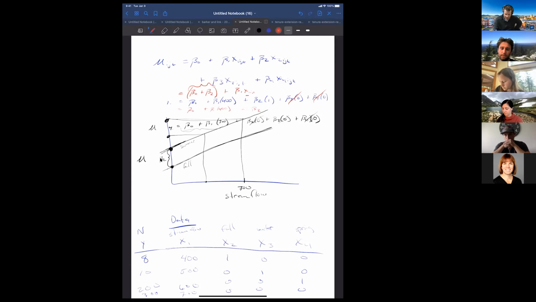Now, the next step we're talking about today is how do we make it so in each group, these slopes aren't the same? And the way we do that is allow our beta 1, see here, and here, and here, to be different for each group, for each site.